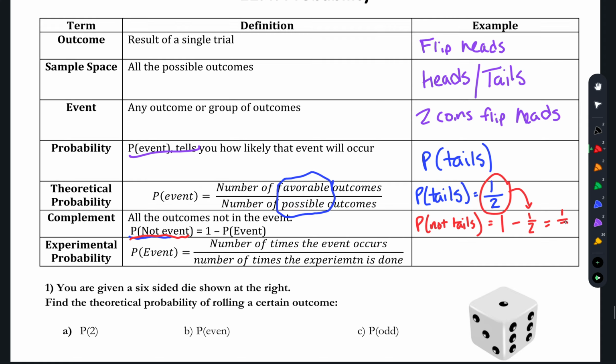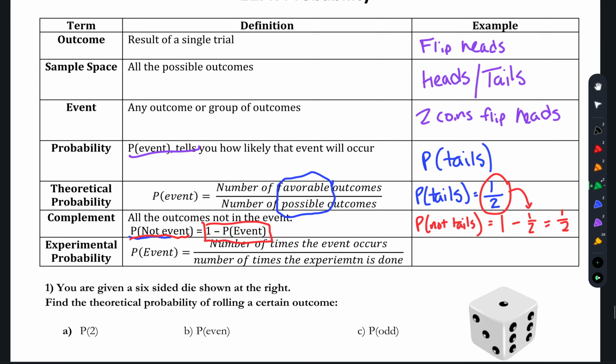Which we know, this is an easy one. There's only one other outcome. So the probability of not flipping tails is 1/2. But we do need to know this little formula right here: 1 minus the probability that the event does happen gives me the probability that the event does not happen. Any questions on that one?